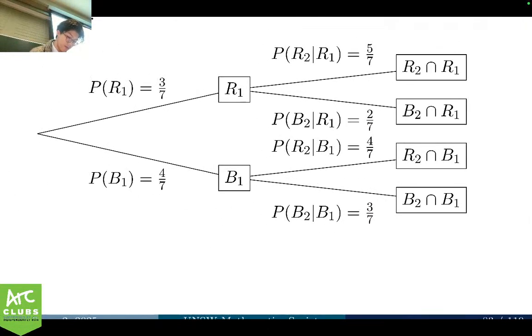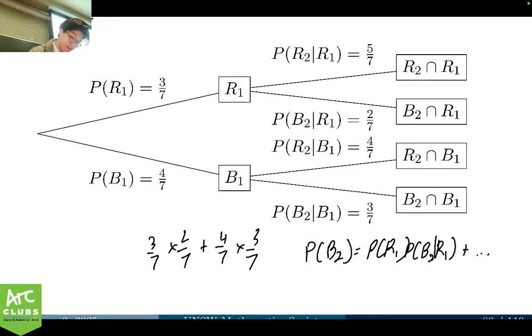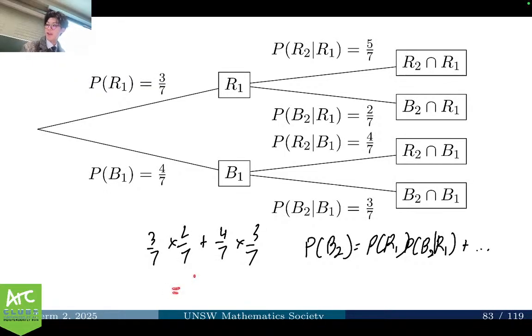So multiplying these probabilities together, what we'll get is 3 on 7 times 2 on 7 plus 4 on 7 times 3 on 7, just by the law of total probability, where we have the probability of B2 being the probability of R1 times the probability of B2 given R1, plus the other thing. So we either have this path here or we have this path here. This will give us a probability of 18 on 49 for the first part.